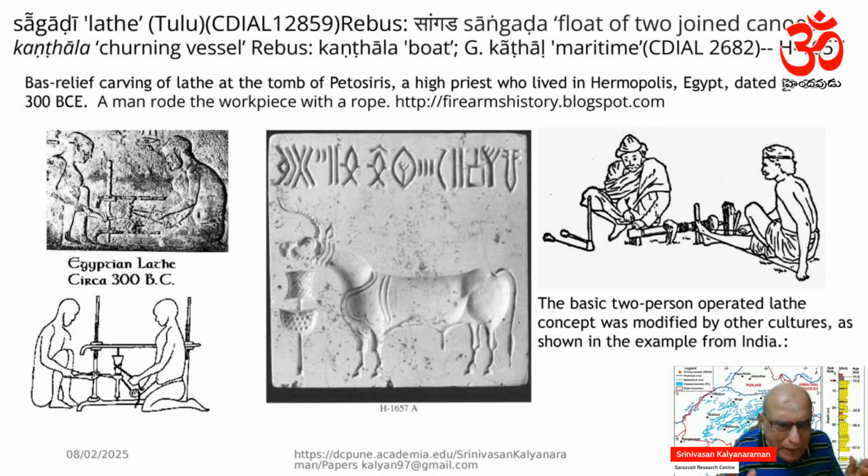Now you can get back to the pictorials available from the Egyptian hieroglyphs showing people at work using a lathe, metal workers, artisans of the Egyptian civilization, and match them with our Indian civilization, with this script writing on seal.